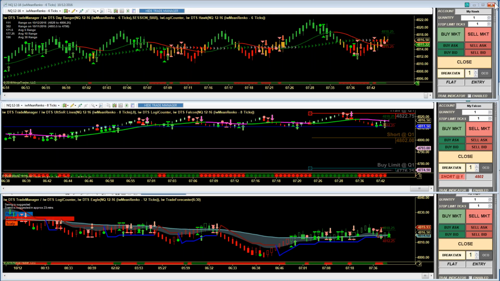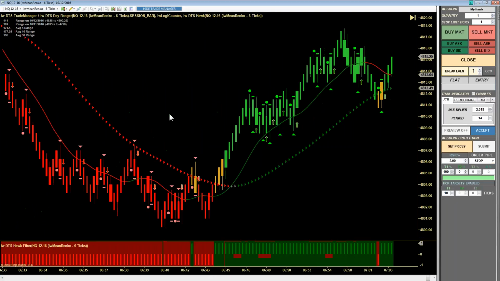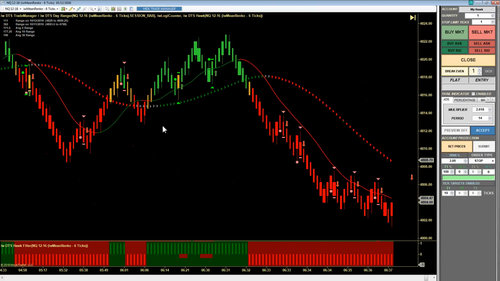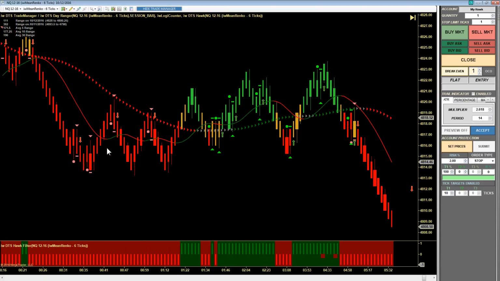All right, so like I said, we have our high probability signals that we tend to focus on. And they work after hours. They work whenever. So here, let's go into the overnight. So here we are yesterday in the overnight session.